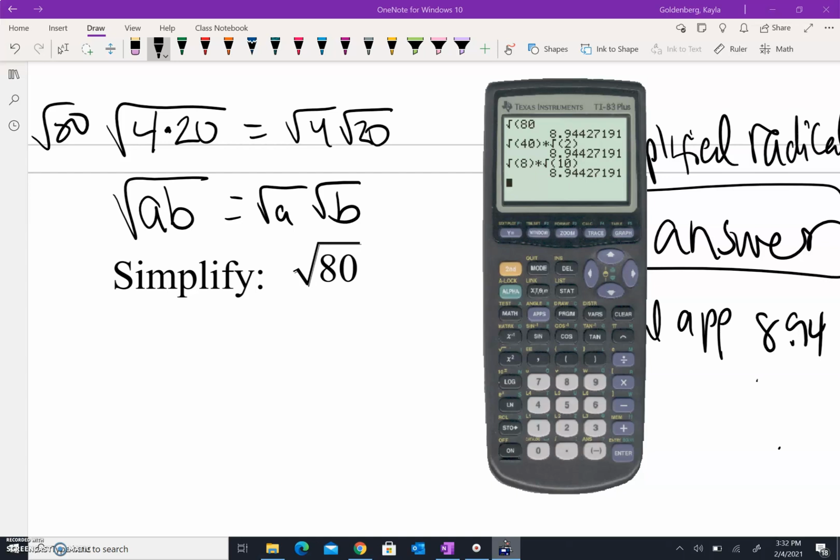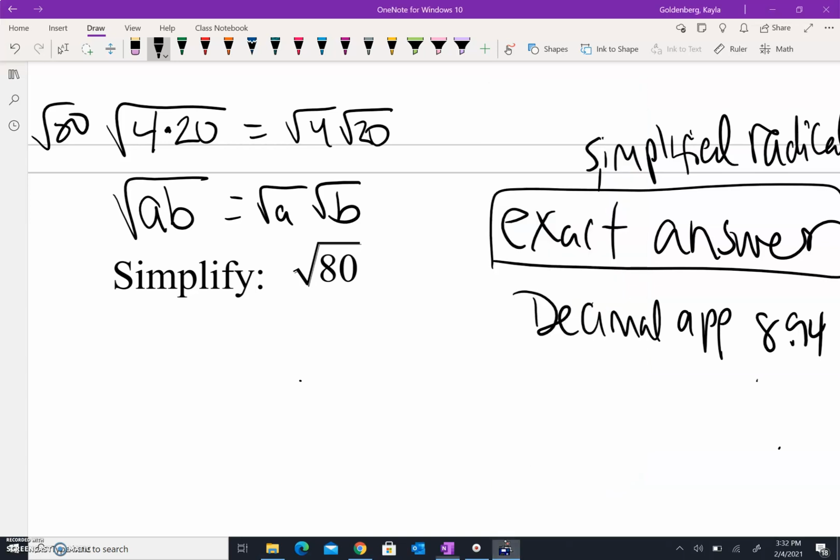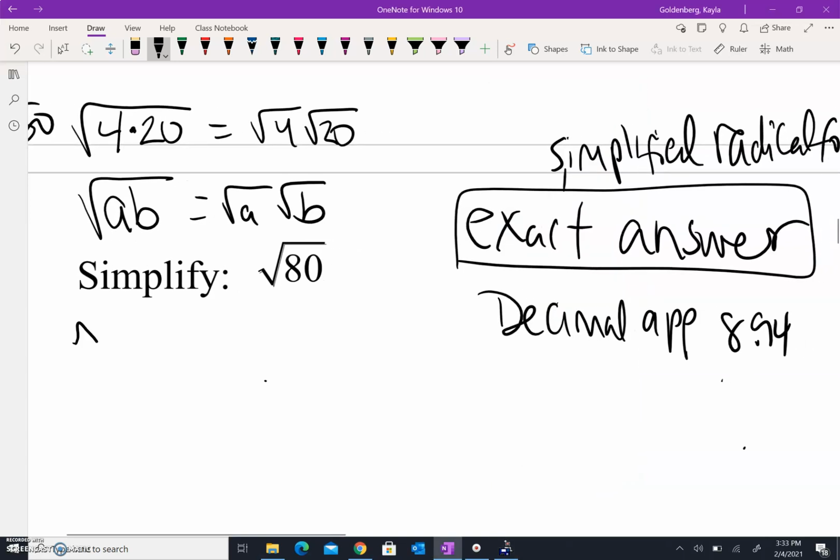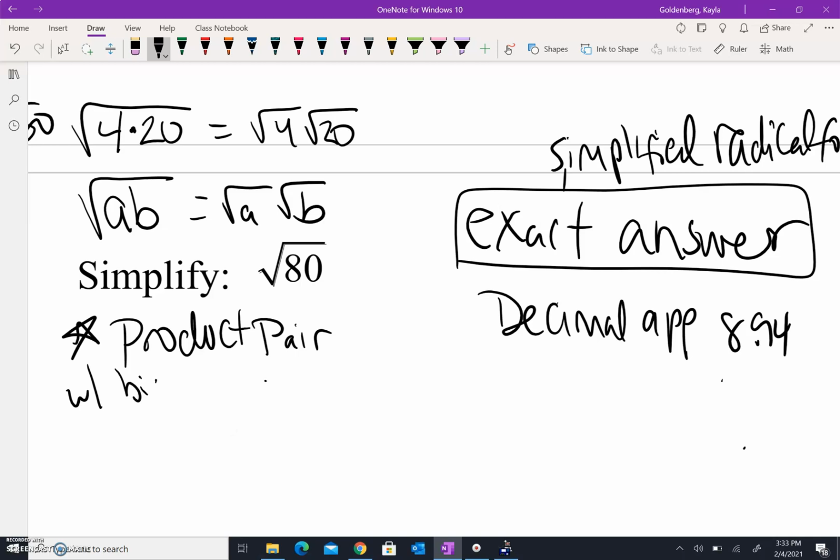I don't think I did the 4 and 20 in the calculator. But we want to pick the biggest perfect square possible. So that's the goal: we want to find a product pair with the biggest perfect square, something that we can square root.